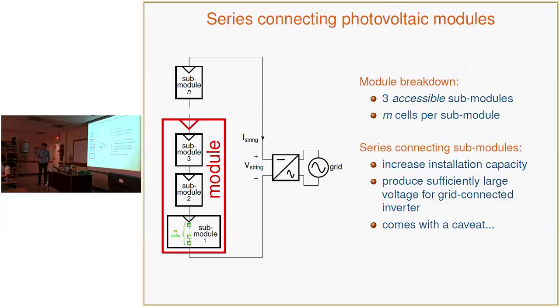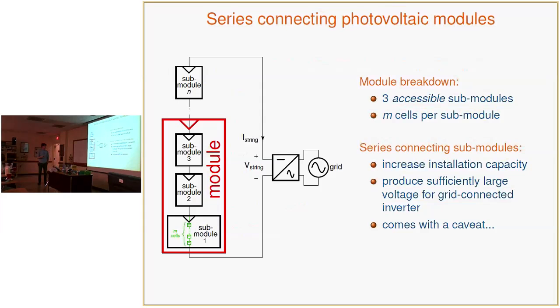Each of these submodules are accessible through the junction box on a PV panel. That's typically where the bypass diodes are connected, and that's where the power electronics will be connected when I talk about the topology that I've been working on. And if you want to know why you want to do maximum power point tracking at the submodule level, just ask at the end of the presentation, and I'll let you know why that's beneficial.